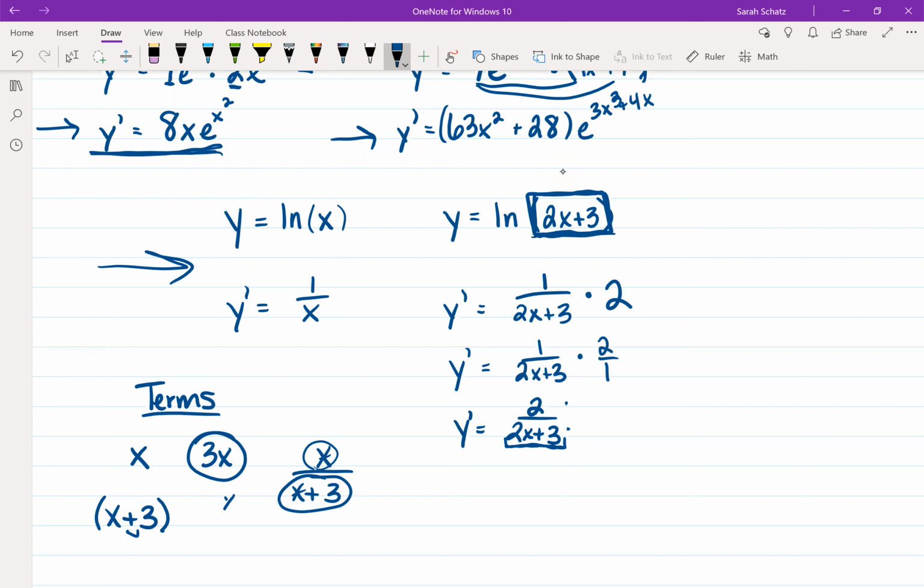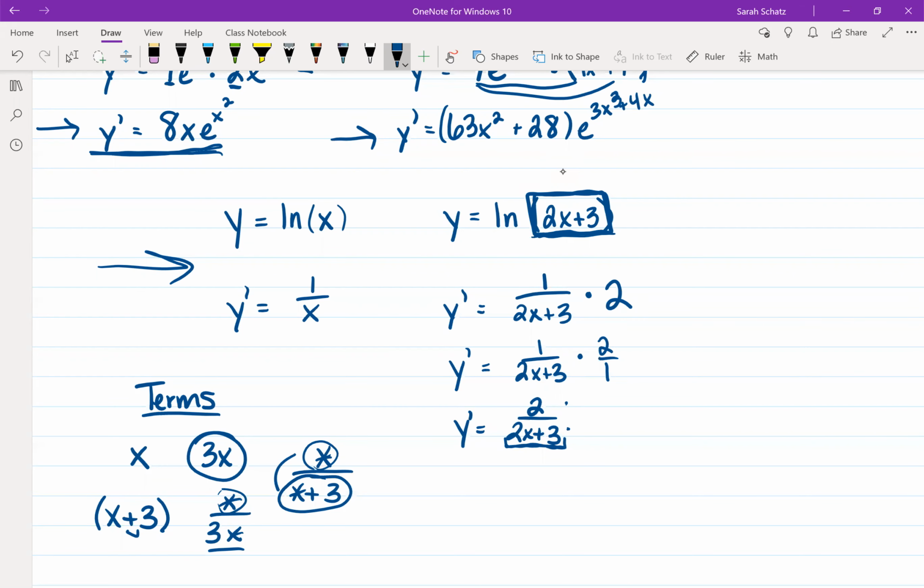But if you have x over 3x, here's one term, and you've got the x on top. Do you see why you can cancel these x's out, but you can't cancel those x's out? That's the whole thing, and that's what gets confusing, especially when we're doing fractions. You have to be so careful.